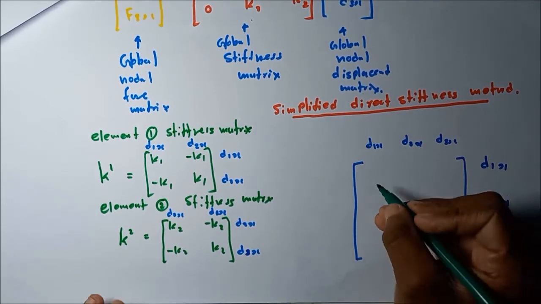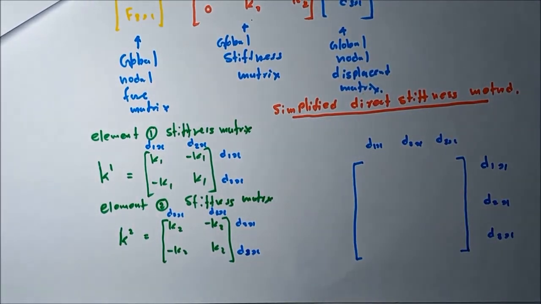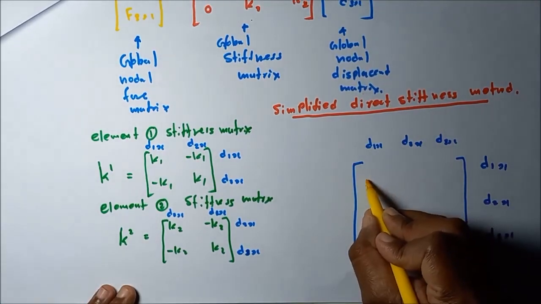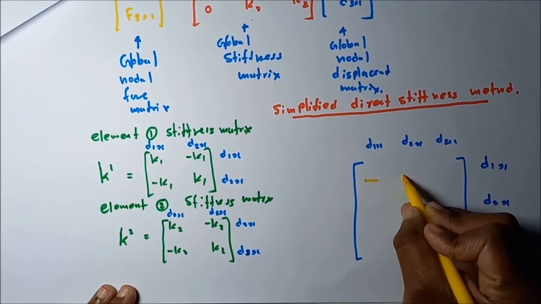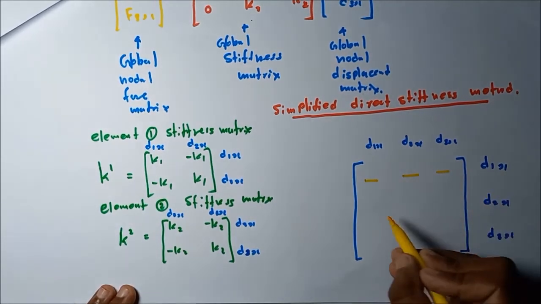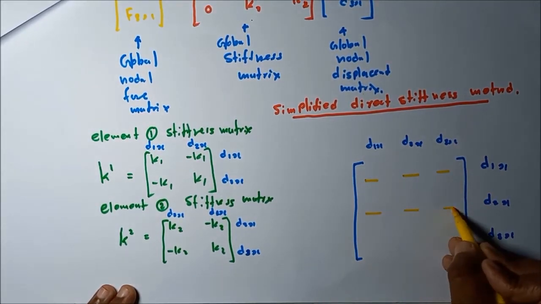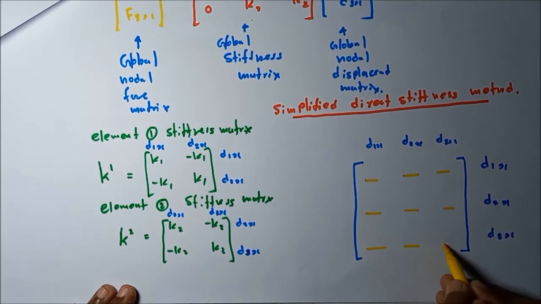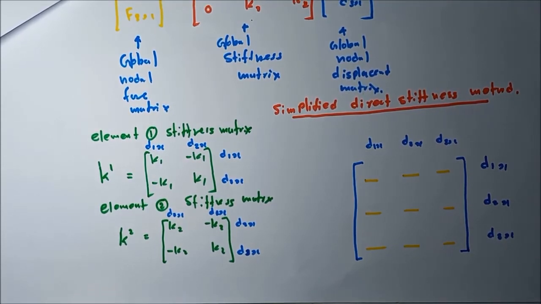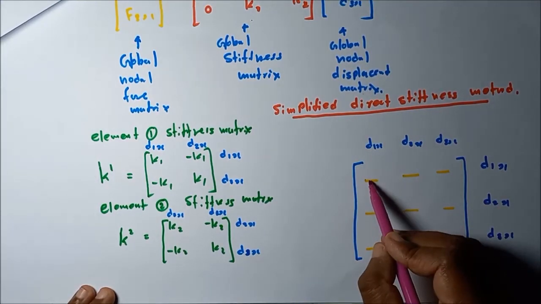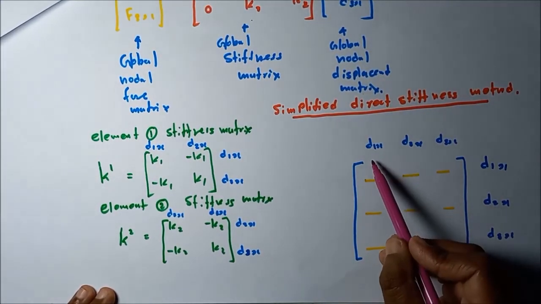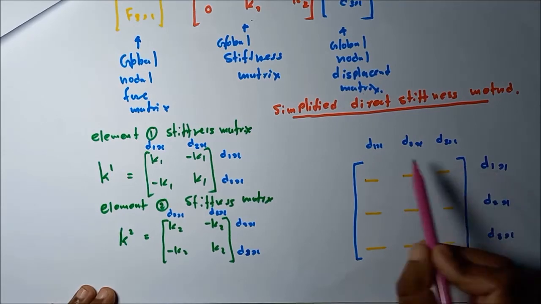So then these are the elements of the 3 by 3 matrix. I am going to explain how to obtain these elements. Here you can see this is the column number, this is the row number.